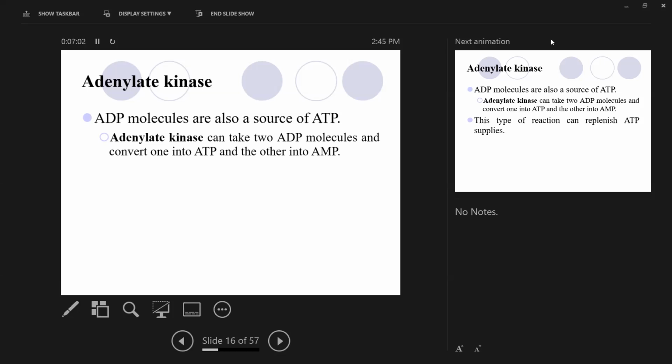This reaction is reversible. So this can help replenish your ATP concentration, or if you're short on ADP, the reaction can actually go the other way. So that's adenylate kinase.